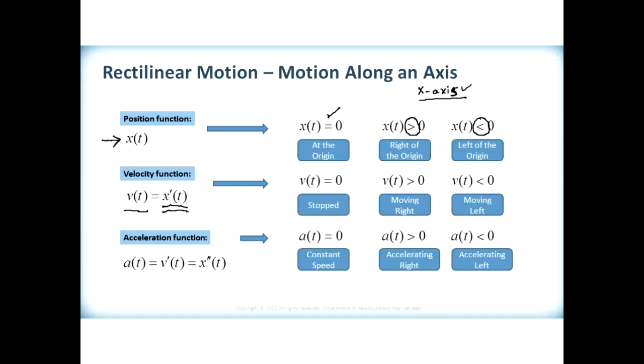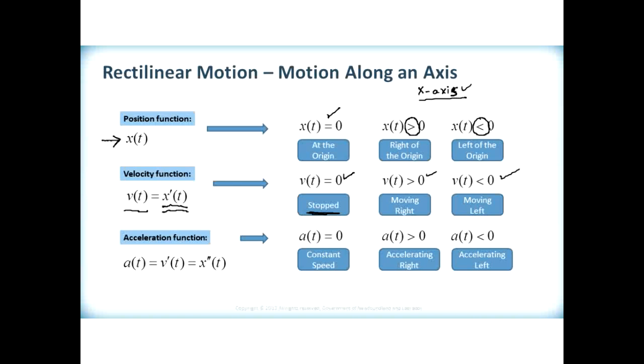If the velocity at any time t, or the derivative of position, is equal to 0, we say that whatever object, or sometimes we just call them particles, is stopped. So if your velocity is 0, you're not moving. If your velocity is a positive value, that means you're moving to the right. And if your velocity is negative, it means you're moving to the left.